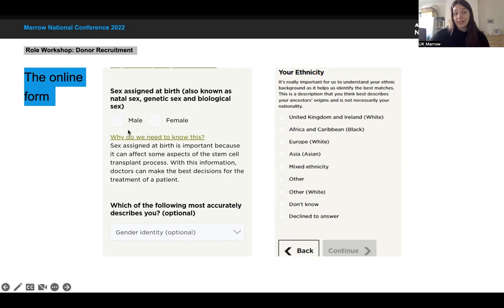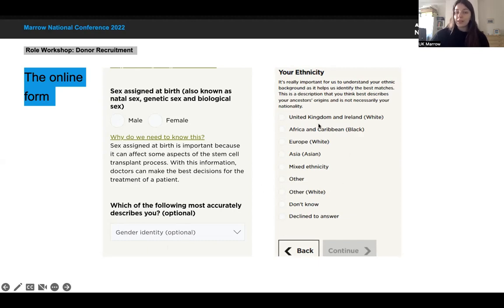There is a link here that explains why exactly we need to know this, which is because sex assigned at birth is still important and can affect the stem cell donation process. But we will also ask them for their gender identity, and we will respect their gender identity in all communications with them. We just need to know their sex assigned at birth for actual matching and donation purposes. We will never favor this information over the gender identity they provide us with.